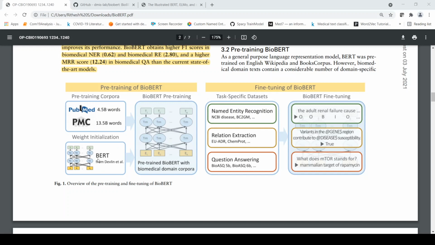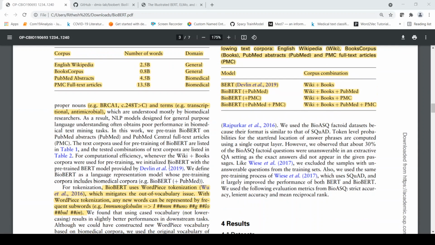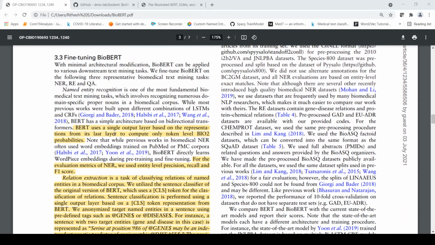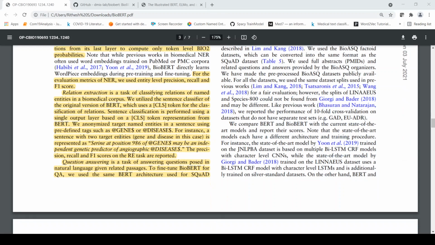For pre-training, you use masked language modeling. Using that, you get new representations for your biomedical tokens or words. Then these tokens are passed through BioBERT, and the output is passed to a single layer for computing the token level probabilities. BIO is nothing but your entity representation: beginning of entity, inside entity, outside entity. So it computes the probabilities for named entity recognition.